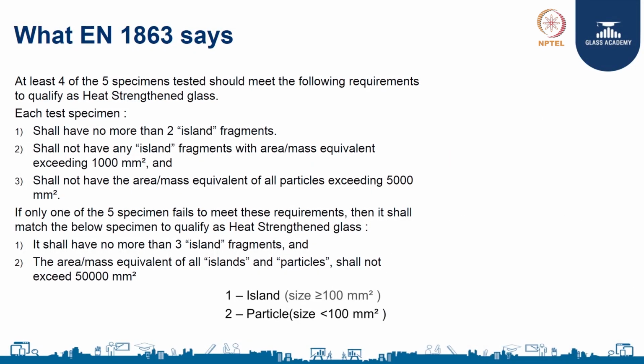If only one of the 5 specimens fails to meet the requirements, then it shall match the below specimen to qualify as heat strengthened glass. It shall have no more than 3 island fragments, and the area or mass equivalent of islands and particles shall not exceed 50,000 millimeter square.